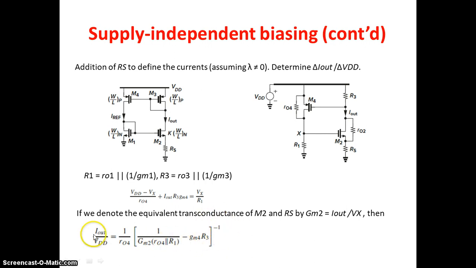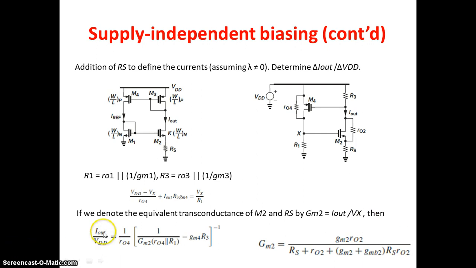To identify this GM2, we discussed it in our second module, common source amplifier with degeneration. With that concept I can write GM2 equal to GM2 into RO2 divided by RS plus RO2 into (GM2 plus GMB2 into RS into RO2).